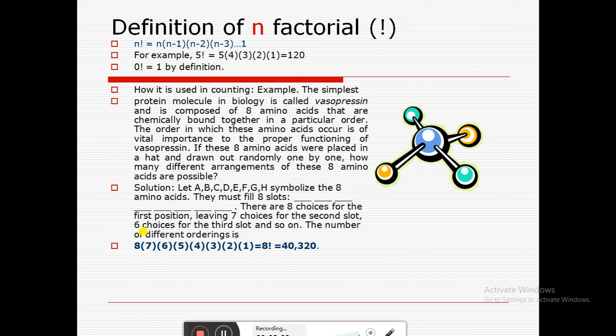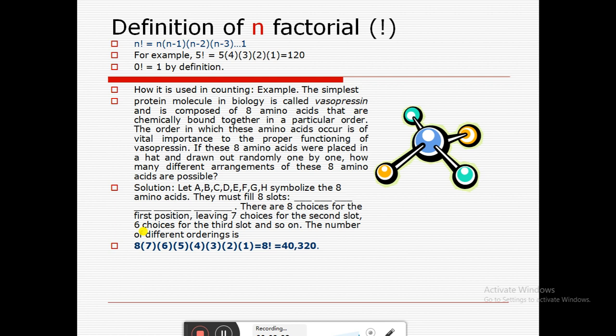The order in which these amino acids occur is of vital importance to the proper functioning of vasopressin.